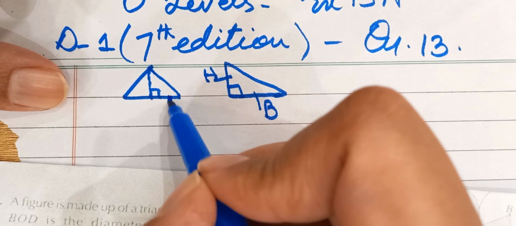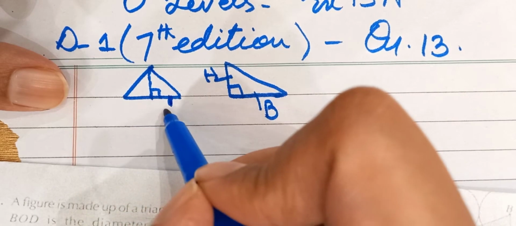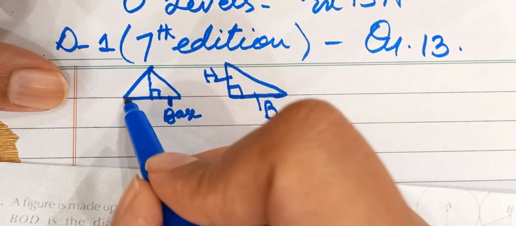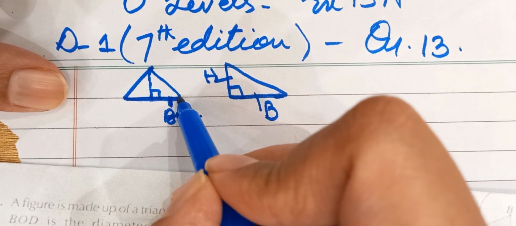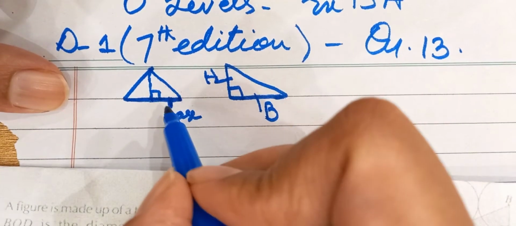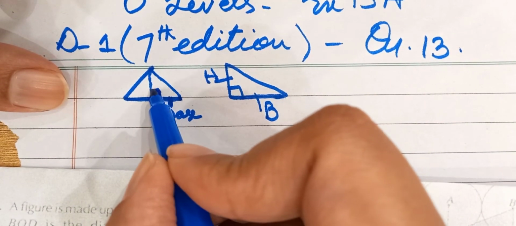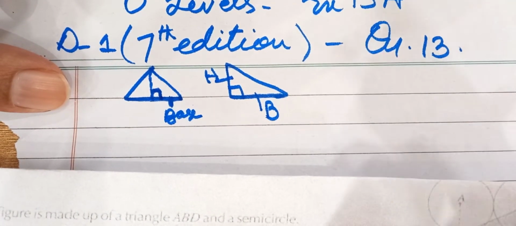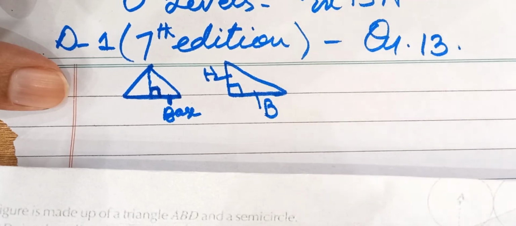This line also appears to be straight, but it is the base of the triangle and it's not making any right angle with this line or this line. This symbol is suggestive of a 90 degree angle in any figure.